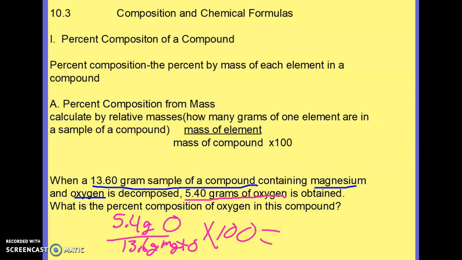I have to multiply it by 100 to get that in percent. This is super simple, right? 5.4 divided by 13.6 times 100, 39.7.